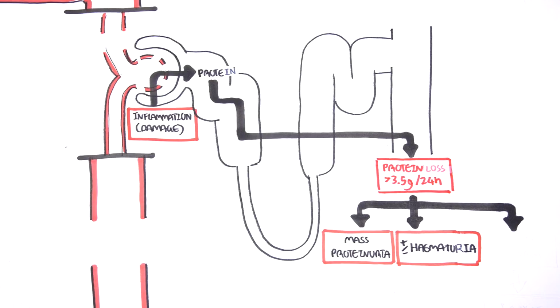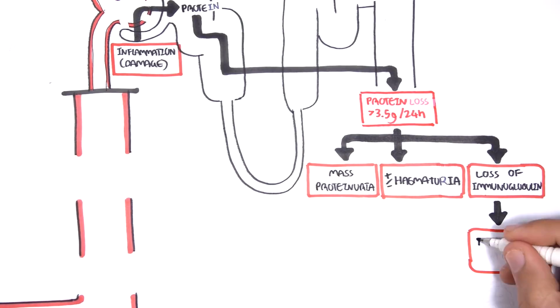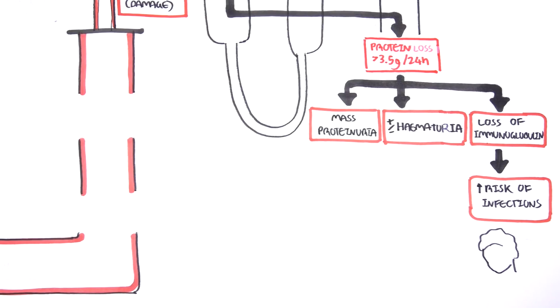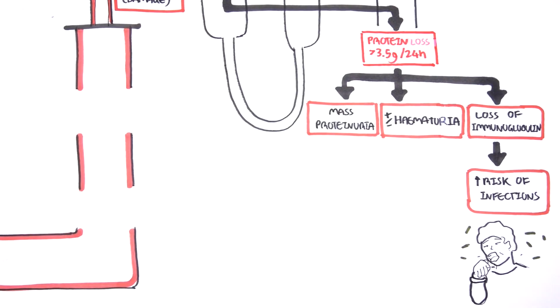The protein loss can also be antibodies that is lost, because antibodies are proteins as well. So if there is loss of antibodies, the person doesn't have their normal antibody defense mechanism, and so this means that they are at increased risk of infection.